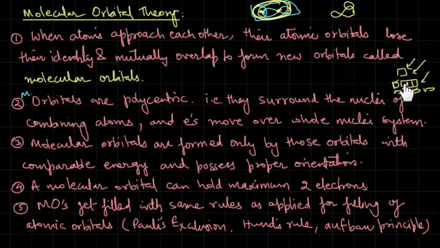And for example, in the case of p orbitals, all three will be singly filled, and only then will the pairing start. So the molecular orbitals get filled with the same rules. We have already studied those rules before, but later we will summarize them again just in case.